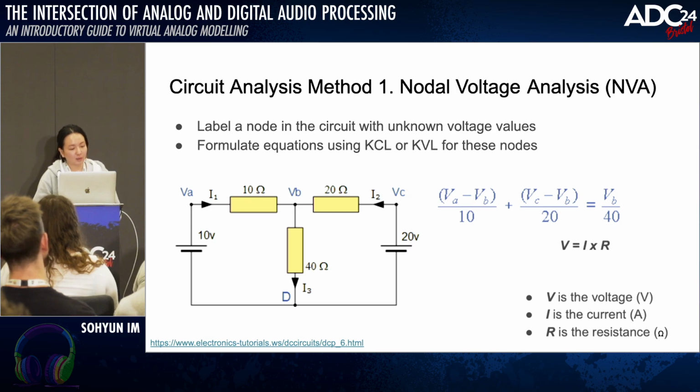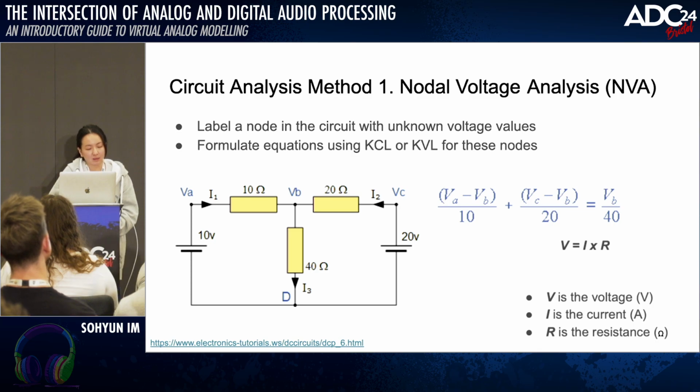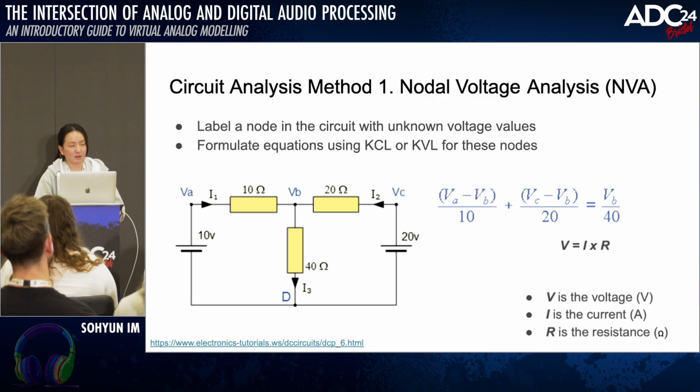So the equation here, VA minus VB over 10, means... did we talk about Ohm's law yet? No? Sorry. This VA minus VB over 10 is, in Ohm's law, the current flowing through the resistor.